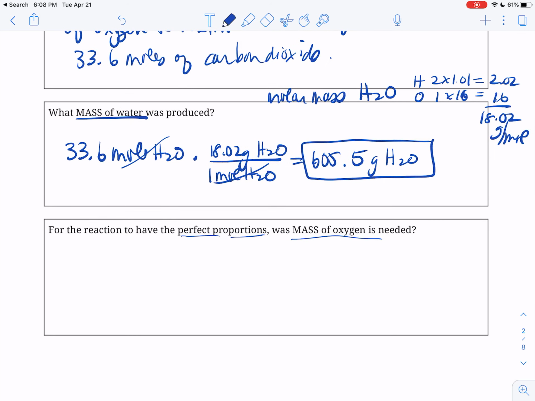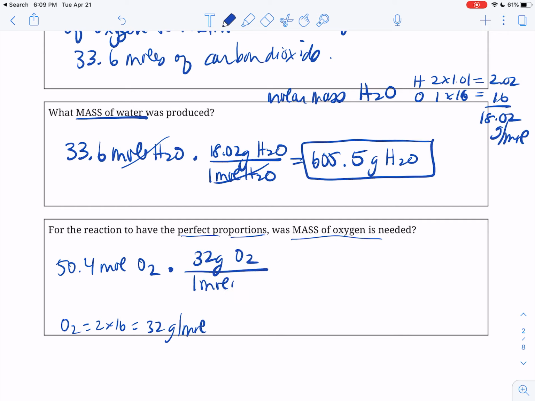So I can start with that. 50.4 moles of O2, times O2 is just 2 times 16, which is 32 grams per mole. So 32 grams of O2 in 1 mole of O2. Okay, and then that's going to cancel. And then I'm going to multiply and get 1612.8 grams of O2.